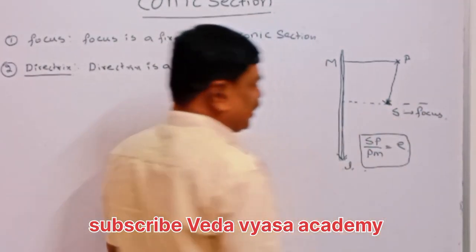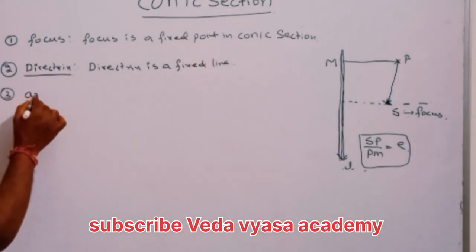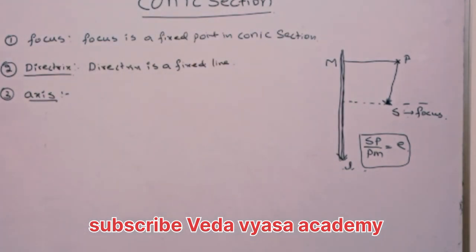Next, axis. So this is the axis. The third one is axis, the axis of the conic section.